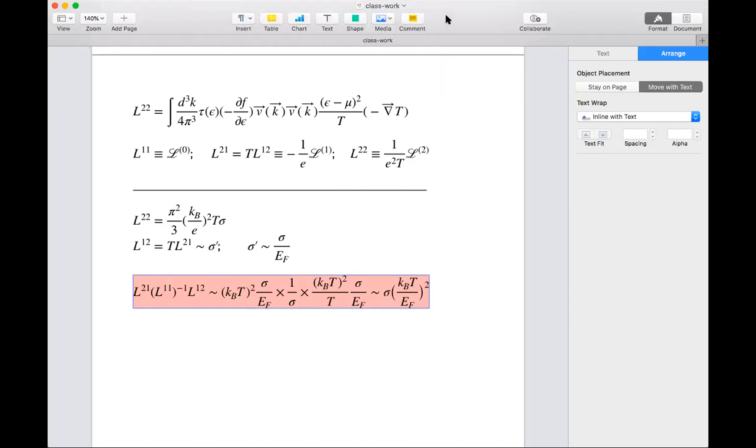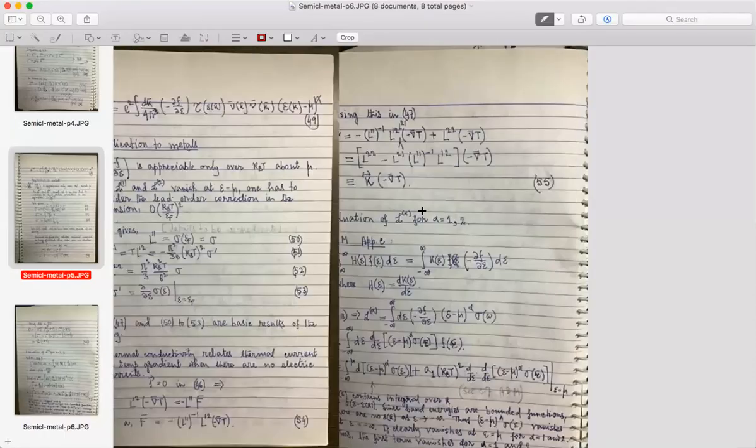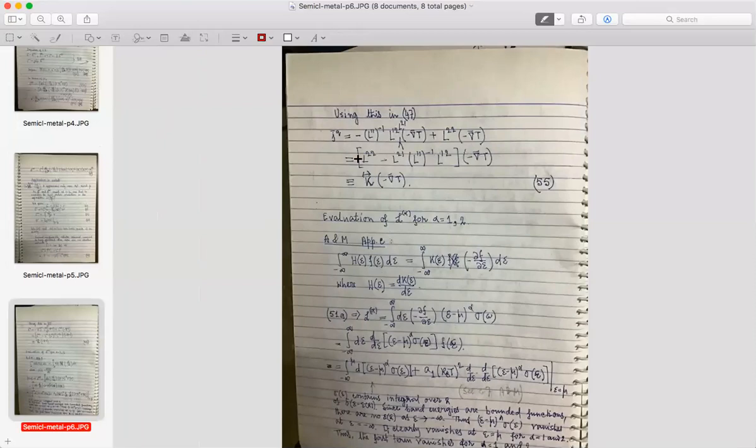Therefore, in this expression, this term is much smaller compared to L22, which goes as sigma. So I can keep only the L22 term, which is proportional to sigma. And so when I write this K, then K will turn out to be proportional to sigma. And that's exactly what the Wiedemann-Franz law is.